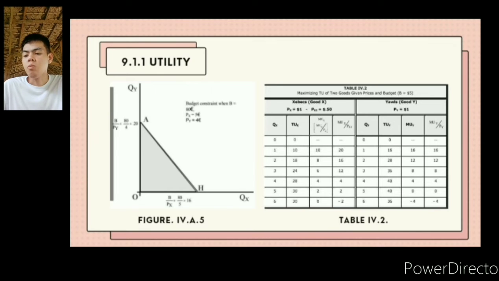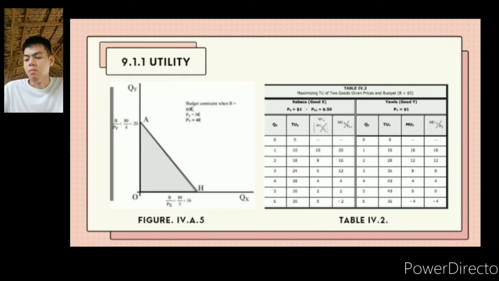And the combinations of goods in the area of the triangle can be purchased, as you see in the figure. Nakita nyo yung shape na parang triangle. At sa pagtaas ng budget, masiship out yung budget constraint.